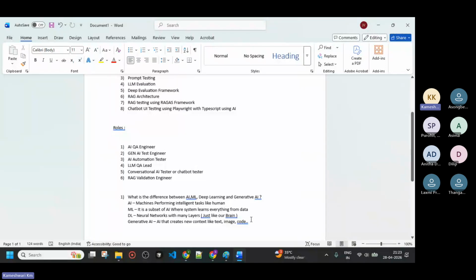Simple terms, generative AI means we are generating text, images, code, PPTs, slides, whatever it is, anything can be generated. So these are the things. The first basic question we have understood.